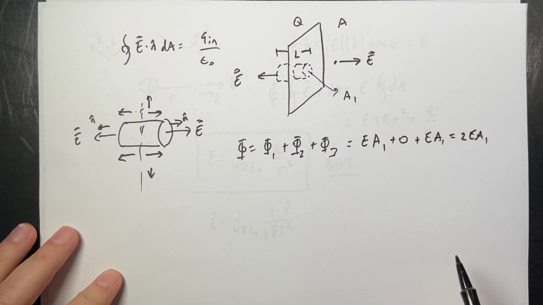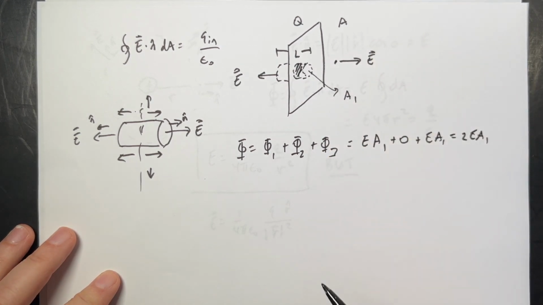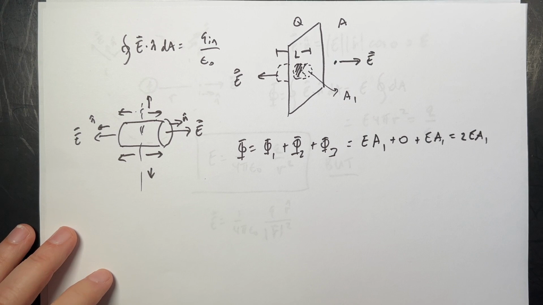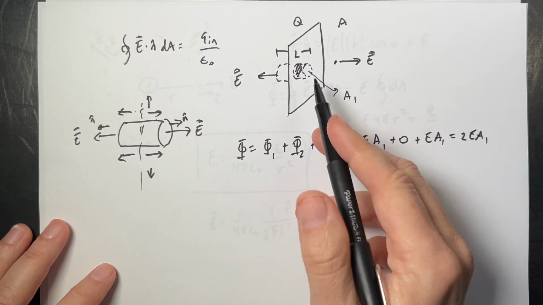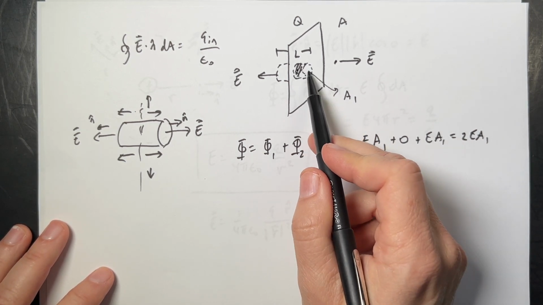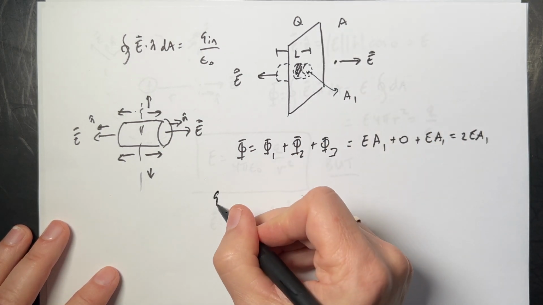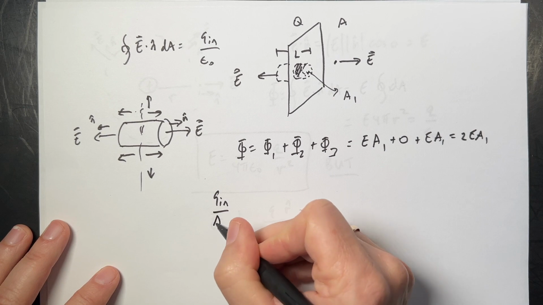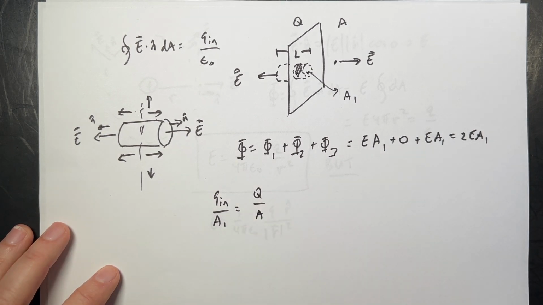Now, that's going to be equal to the total charge inside, which is the charge in that little part where it intersects the surface. So how much charge is inside right there? Well, the charge to area ratio for this is the same as up here. So let's say Qn over A1 is the total charge Q over the total area.